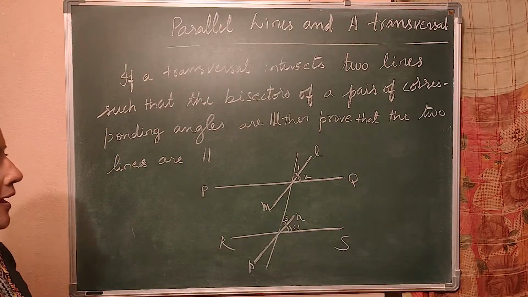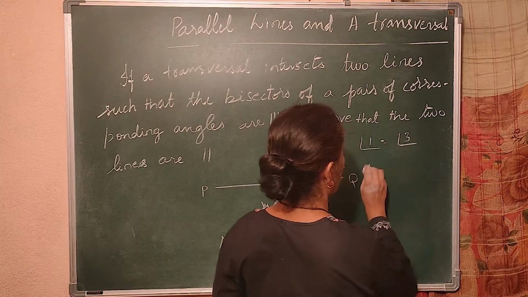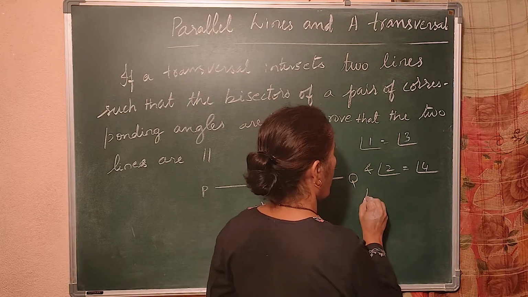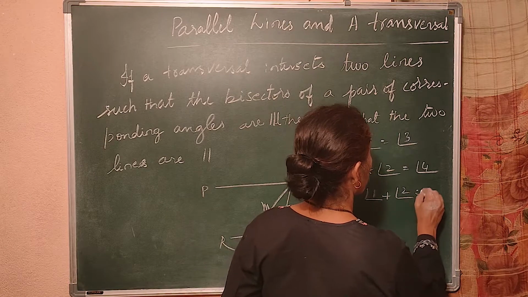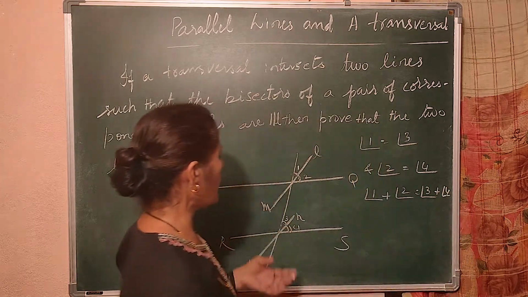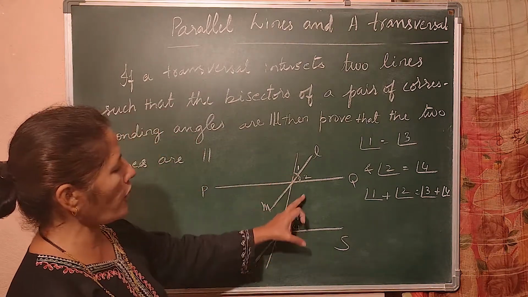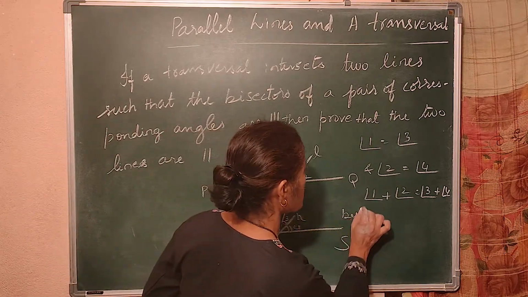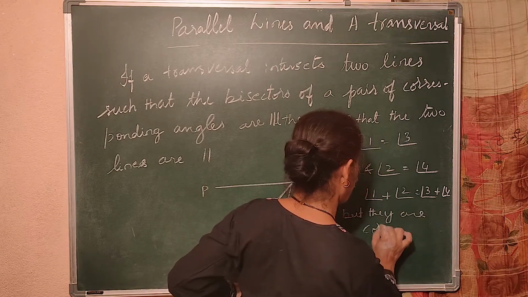So when angle 1 is equal to angle 3 and angle 2 is equal to angle 4, I can say angle 1 plus angle 2 is equal to angle 3 plus angle 4. So 1 plus 2 is one angle. They are corresponding angles.